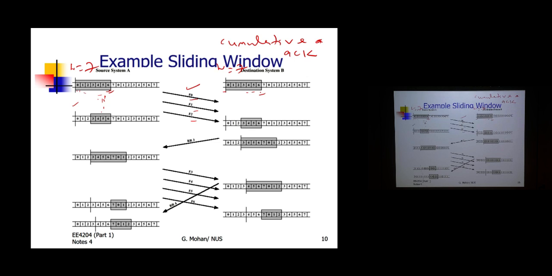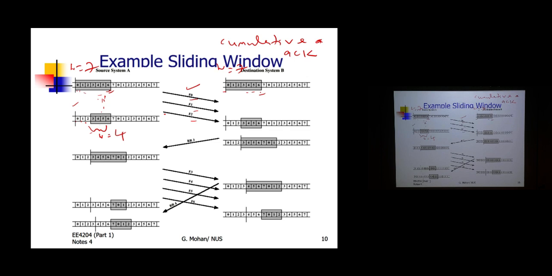From the sender side, the window should shrink by 3. Window size should be decremented by 3. Immediately after the transmission of the third frame, it will look something like this. Here the window size is 4. You can see 3 frames, 0, 1, 2. That means it has already transmitted frames 0, 1, 2, but acknowledgement is not yet received.